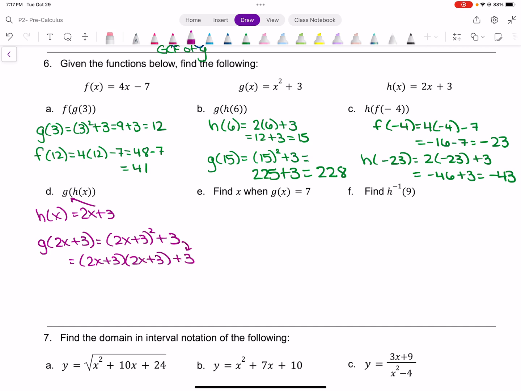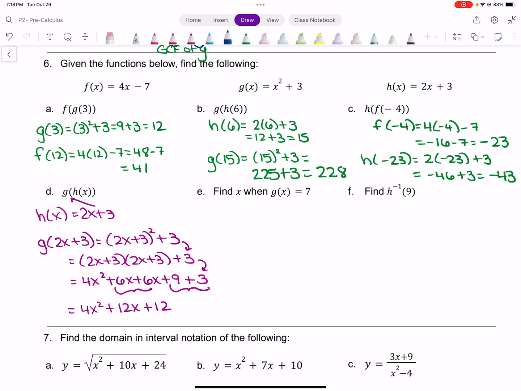Don't forget to carry down the 3. We're going to double distribute: 4x squared plus 6x plus 6x plus 9. Again, carry down the plus 3, and then combine like terms. 4x squared plus 12x plus 12.